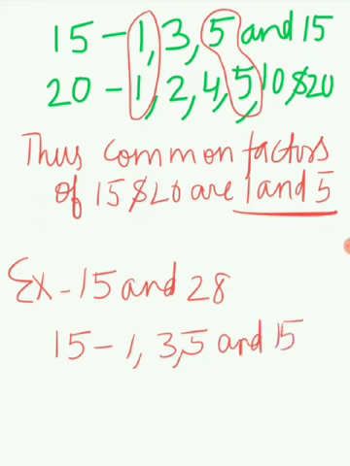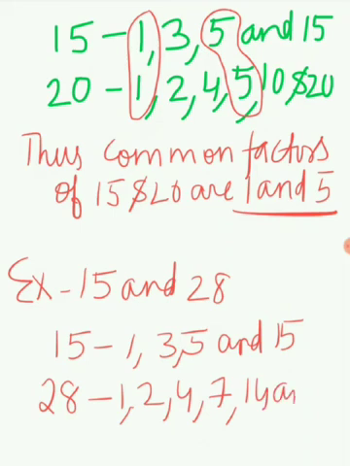You can check again and again, because maybe you will miss a factor, and when you check, you will know that you missed it. Now the factors of 28 start from 1, always 1, then the 2 table, then the 4 table, then the 7 table, then the 14 table and 28, the number itself.